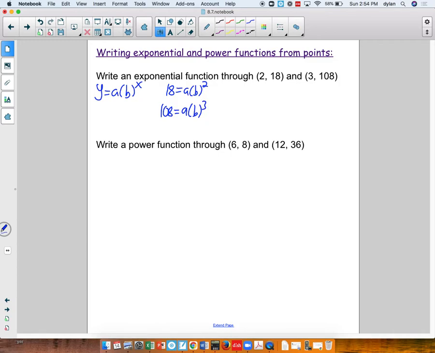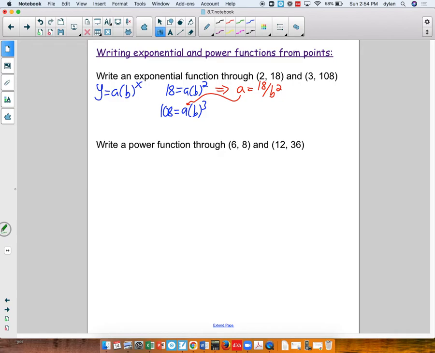And now we can solve the first equation for a and then use substitution to start out by trying to find b. If I solve this first equation for a, I'd have a equals 18 over b squared. I'm going to substitute that into the second equation.